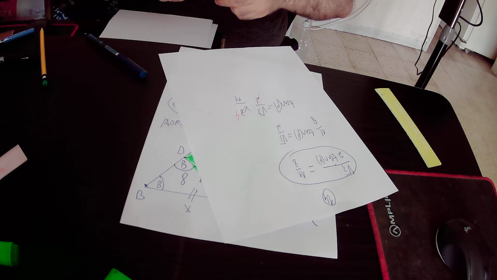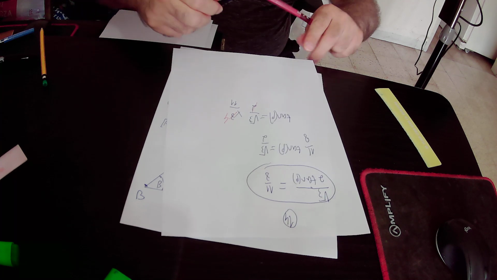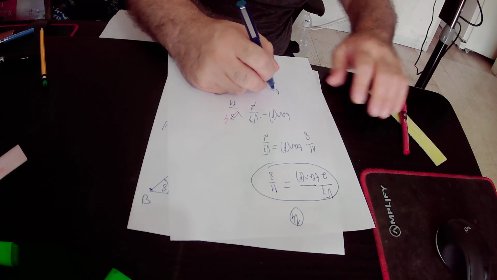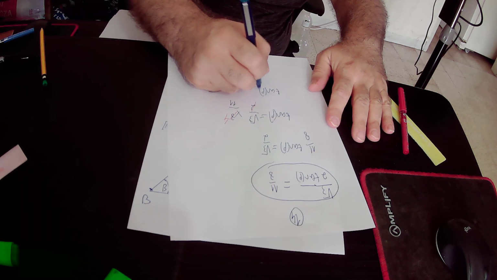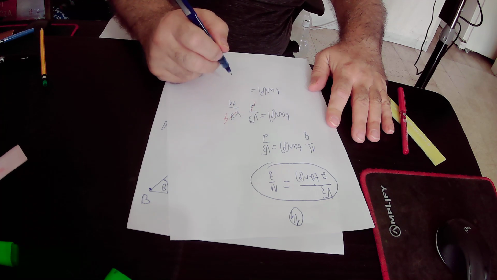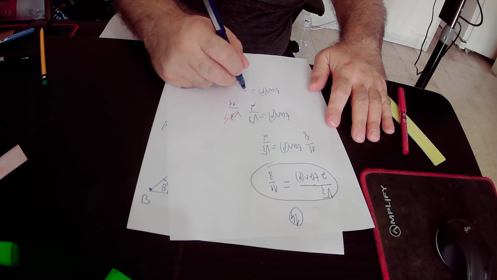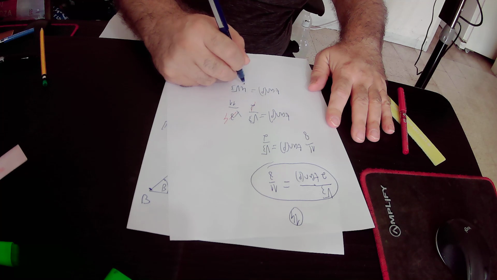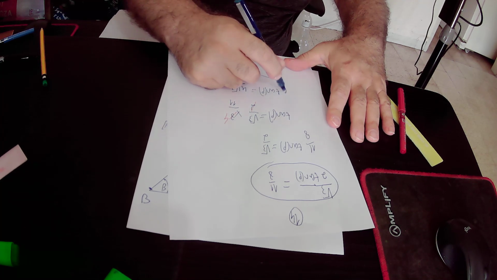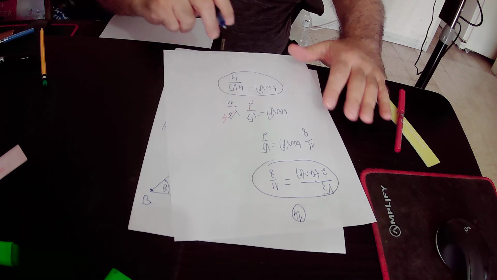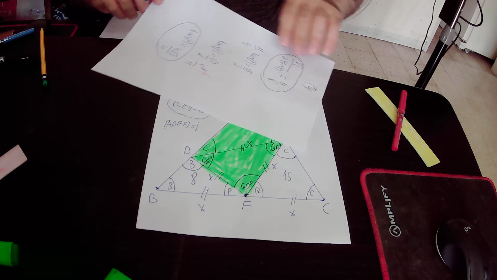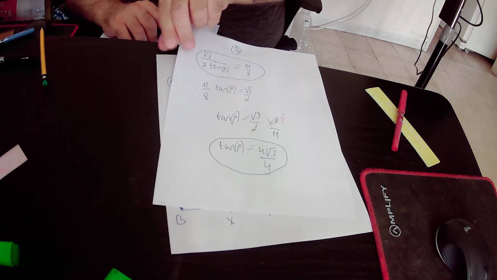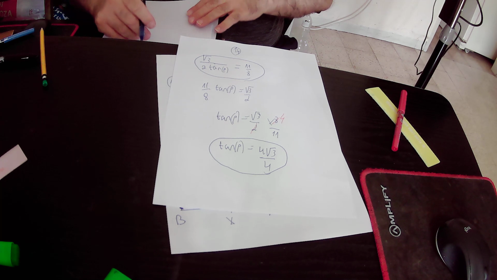So in total we got that tangent P equals 4 times root 3 over 11. Okay, tangent P equals 4 times root 3 over 11.